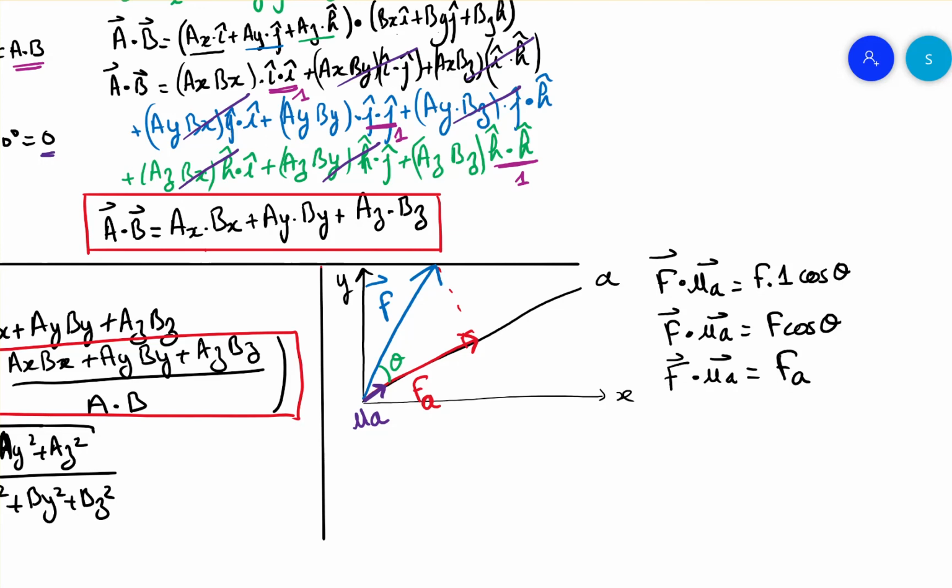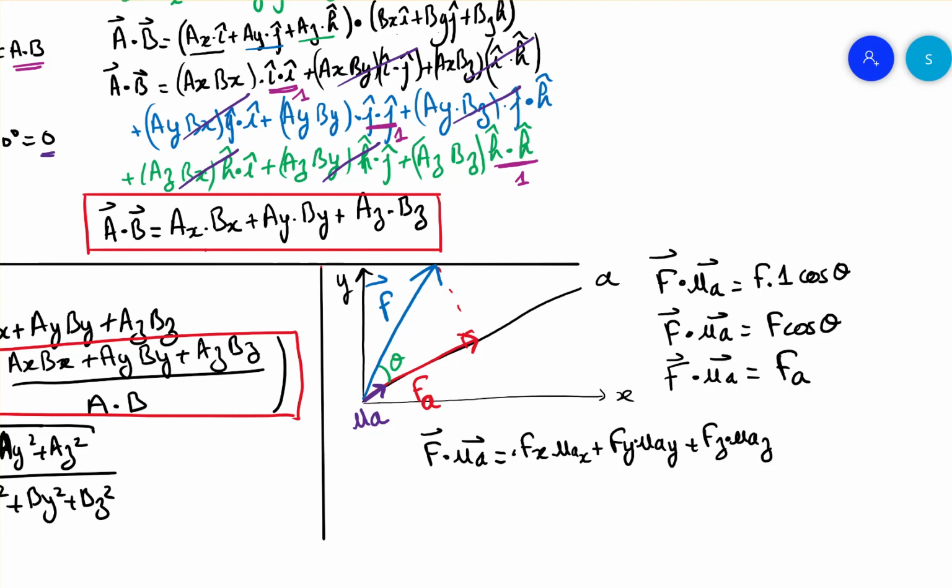Okay? And how do we find F dot product UA if we don't have cosine theta? We use the second formula. So we also have F dot UA that is equal to Fx UAx plus Fy UAy plus Fz UAz.